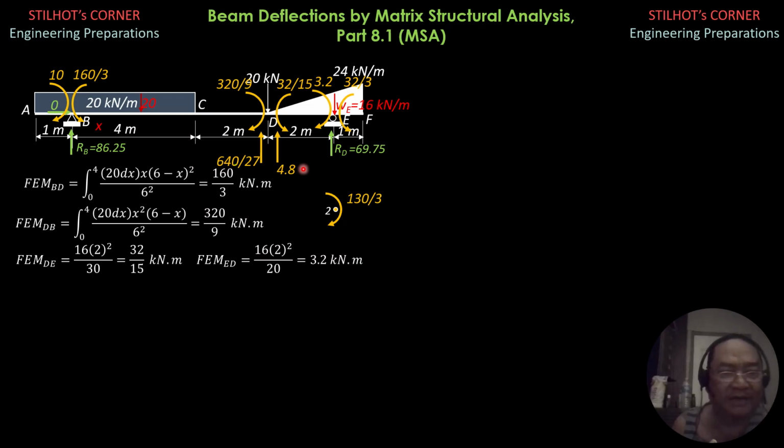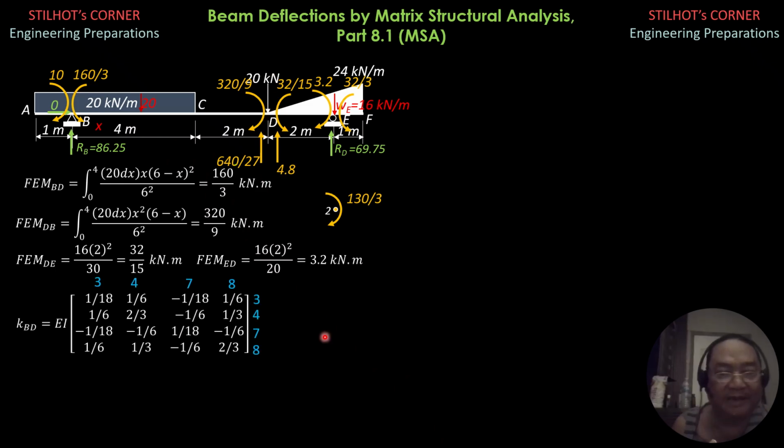So the net loading at D, which is node 4, would be 640 over 27, 4.8. These are fixed forces, so it should be going down for the nodal load. So you add these two combined with 20, and you'll get downward load as shown.